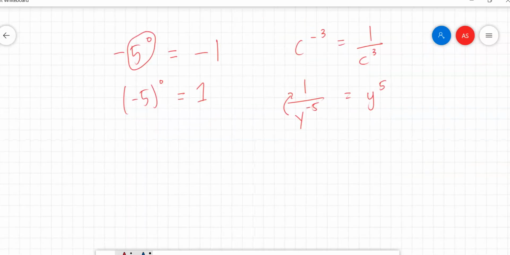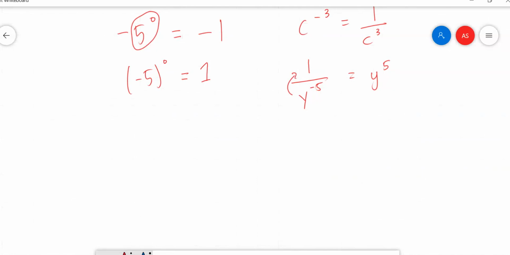All right. And if you have something like this, these are fun, right? What if you have -3/5 and it's raised to the -2? Well, you don't mess with the negative sign. Again, here's how you break it down. You say, okay, -3, just leave the negative alone.